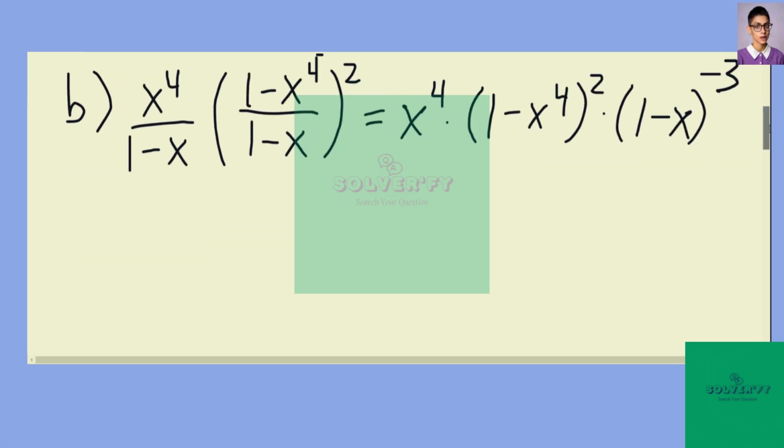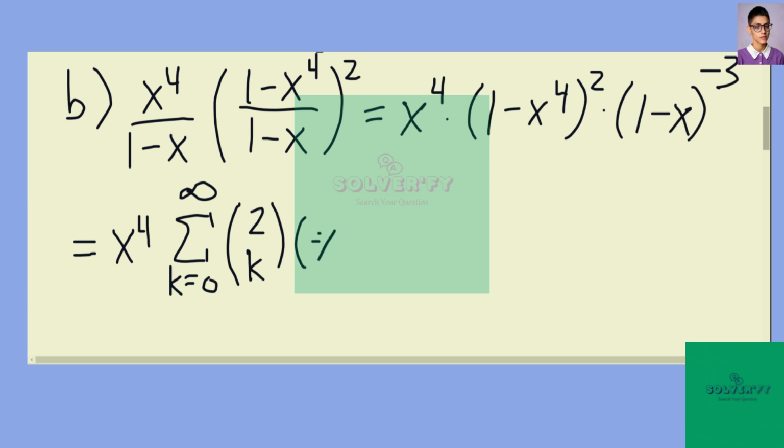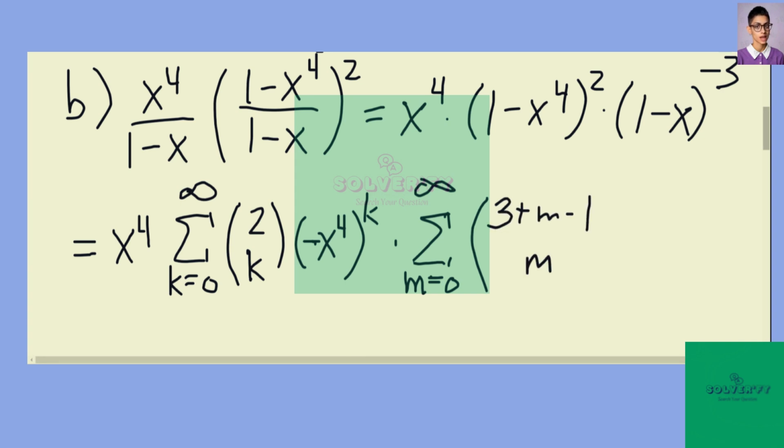And using the extended binomial theorem and series from the book, we have this is x to the fourth times the sum from k equals 0 to infinity of 2 choose k times negative x to the fourth to the kth power, multiplied by the sum from, instead of k, let's choose m equals 0 to infinity of 3 plus m minus 1 choose m times x to the m.